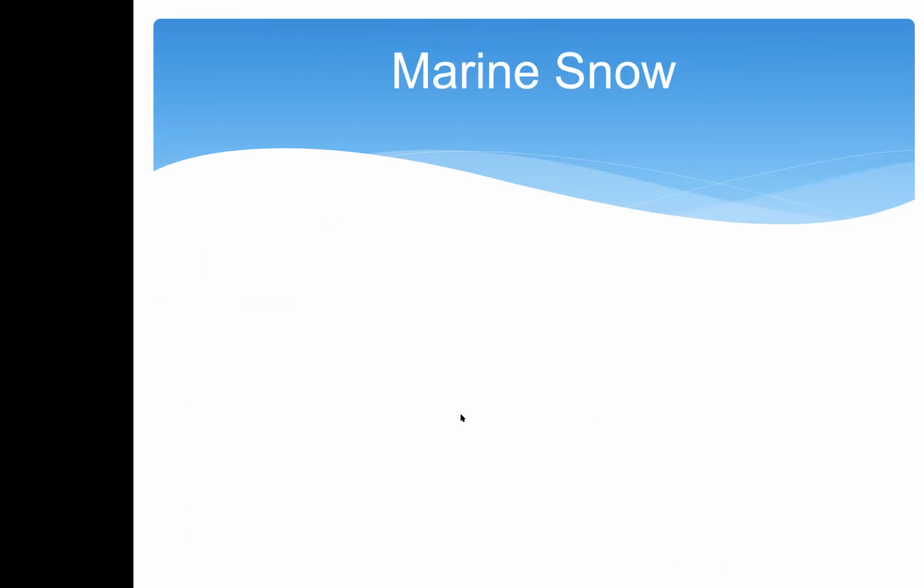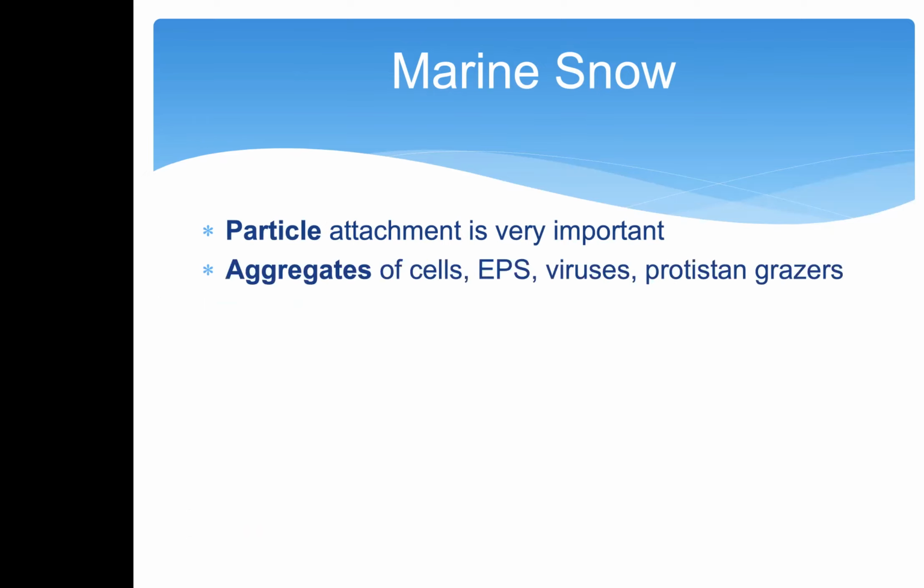Speaking of going down in the depths of the ocean, one of the important components, even though this is a water environment, is that it's not just water. Particles are very important. They're not as important as they were in the soil and sediments, but they're still very abundant and important.